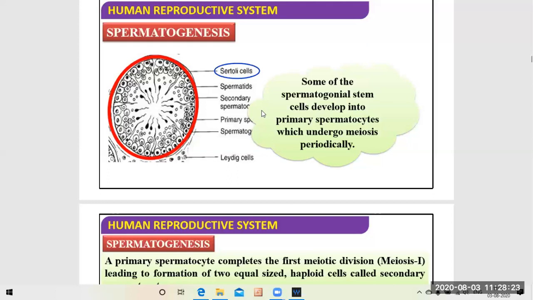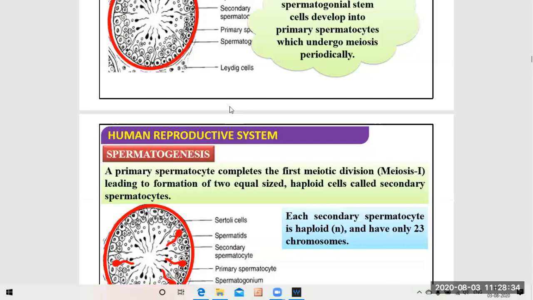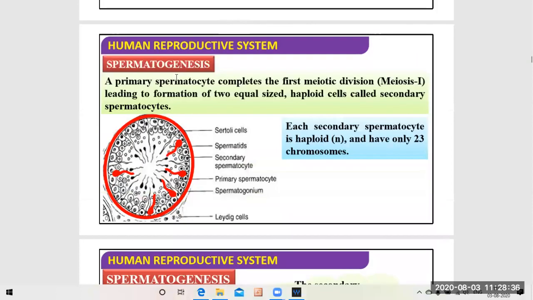Meiosis is a reproductive division that takes place in two stages, meiosis first and second. Then the primary spermatocytes complete the first meiotic division, that is meiosis first. Who completed meiosis first? The primary spermatocytes.